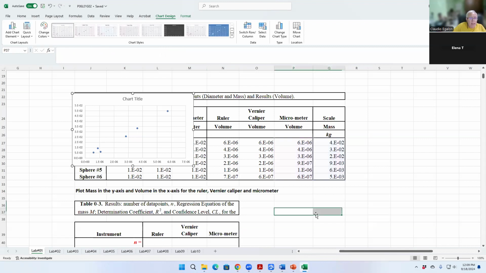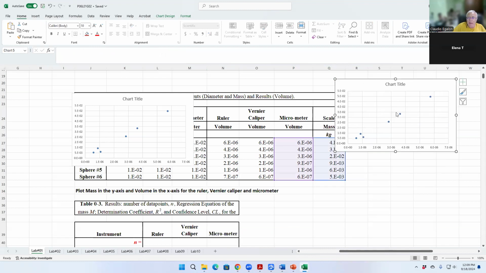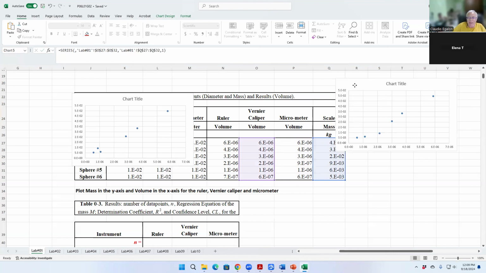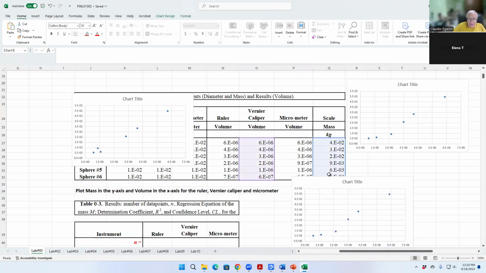You copy and paste the same graph, highlight again, and then you change here to O. Now I should have the graph here for the vernier caliper, mass and point. Then you copy this one, paste, and repeat.